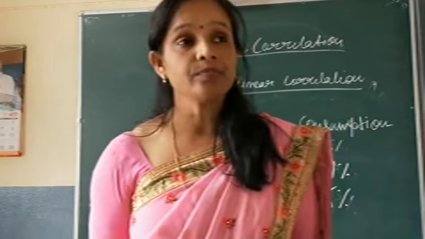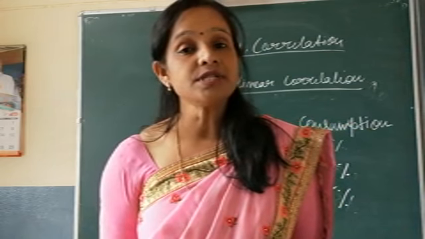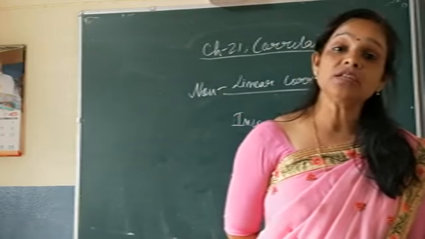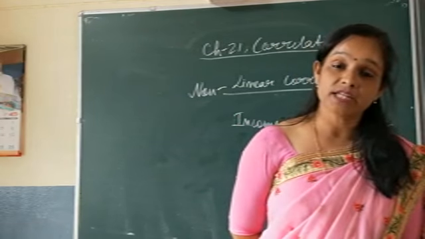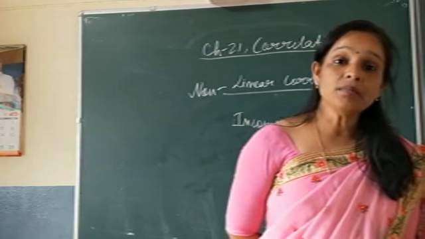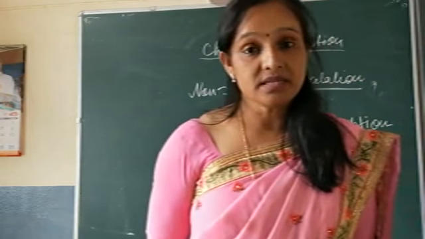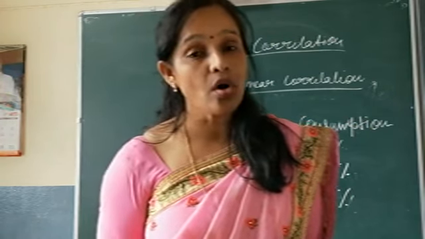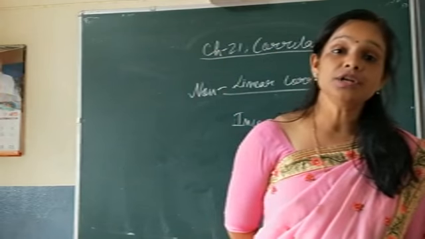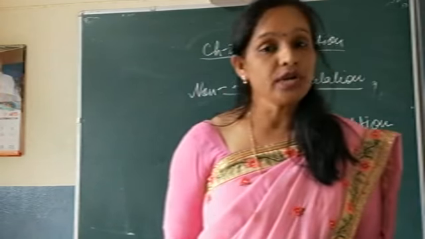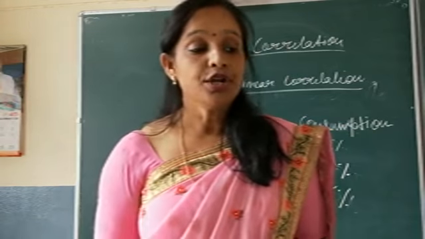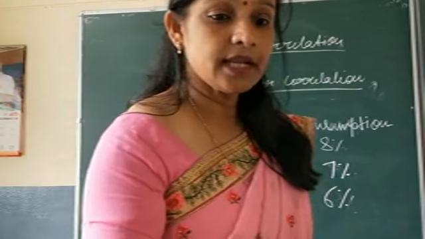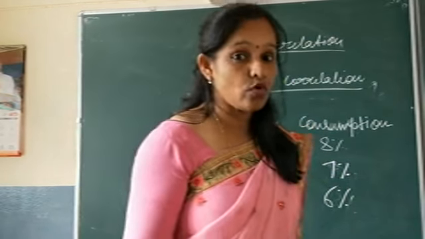I am repeating again: if with 10% increase in income, consumption increases first by 8%, then by 7%, then by 6% and so on, then it is called non-linear correlation. Full stop. Is it clear? So we have completed the second type of correlation.